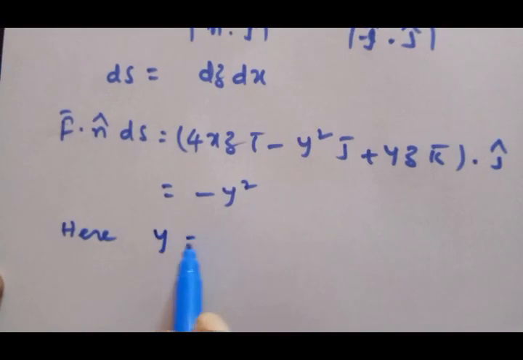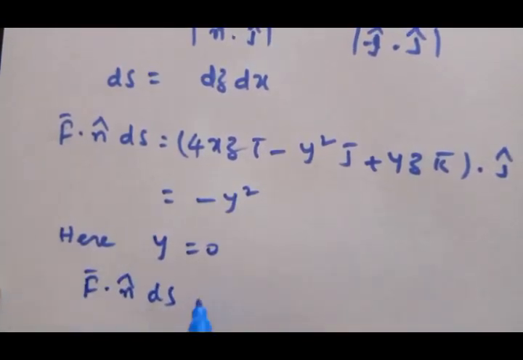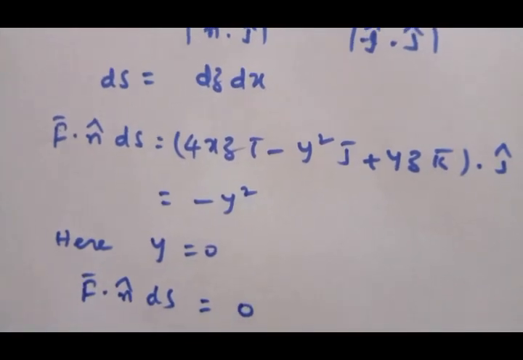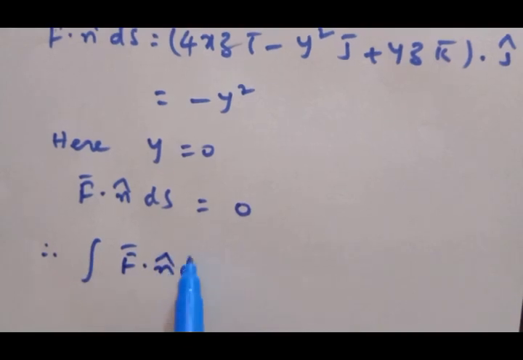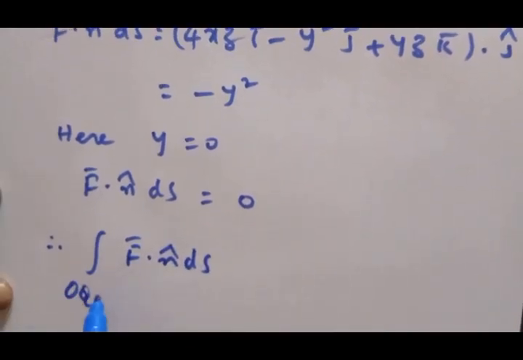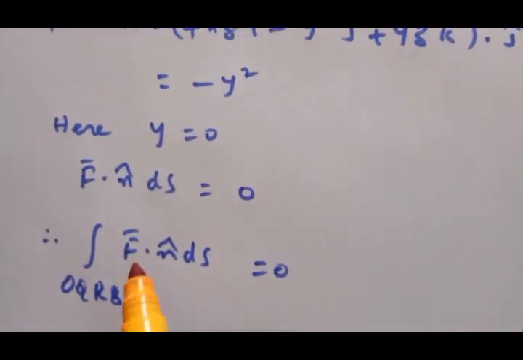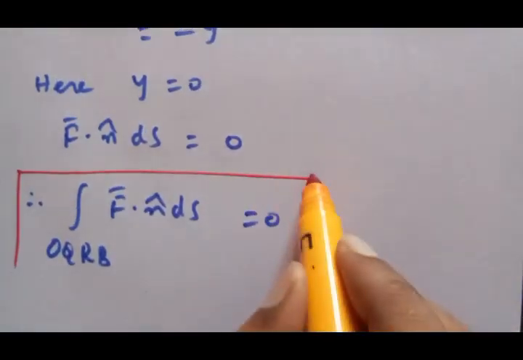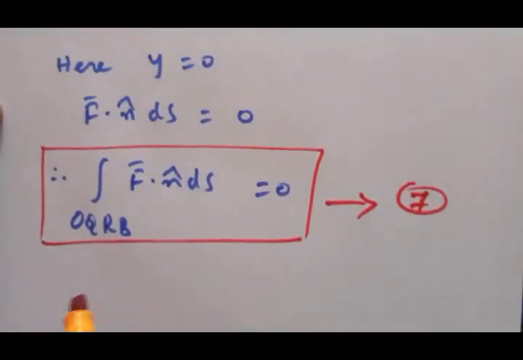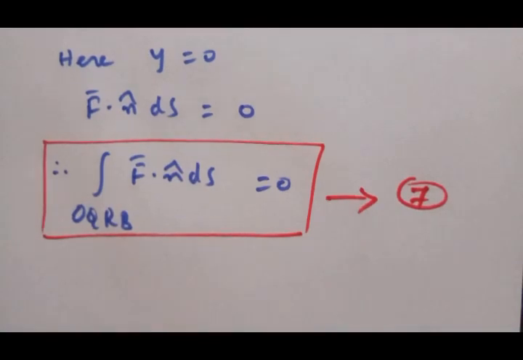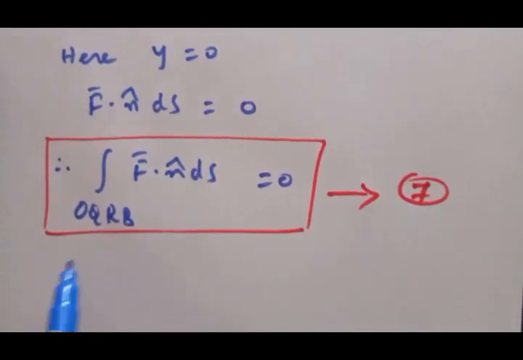Therefore f bar dot n cap ds equal to 0. Therefore no need to find the limits. Here the integral of f bar dot n cap ds along OQRB is equal to 0. Say this is equation number 7.